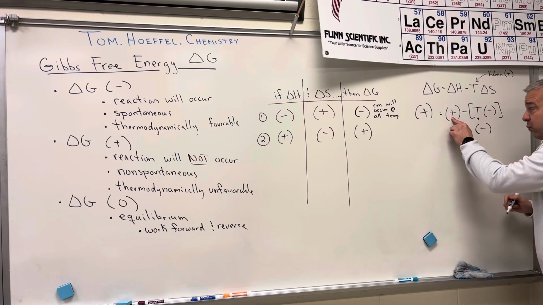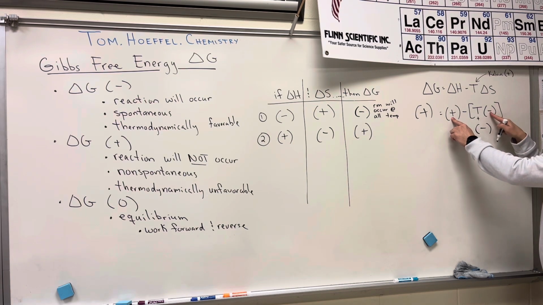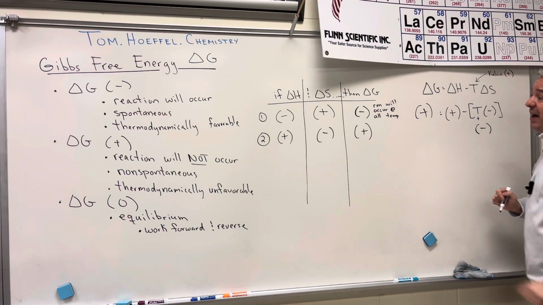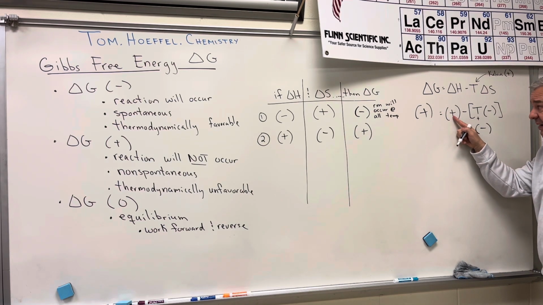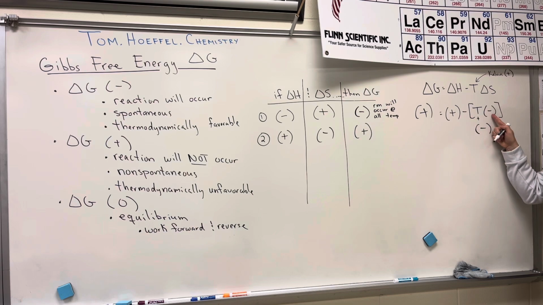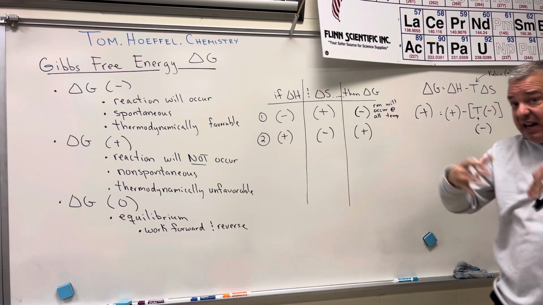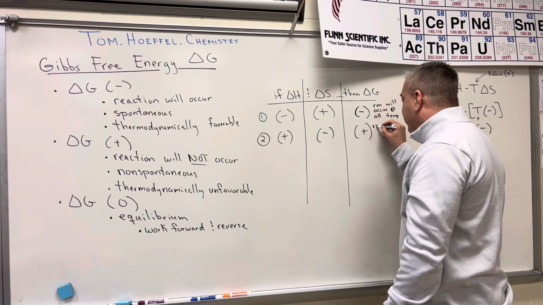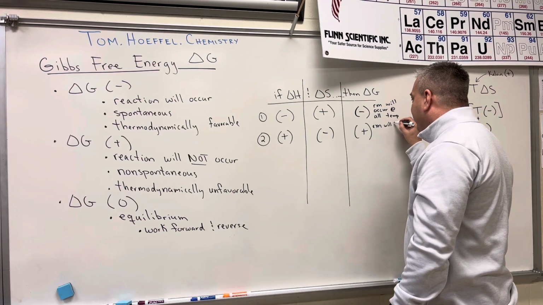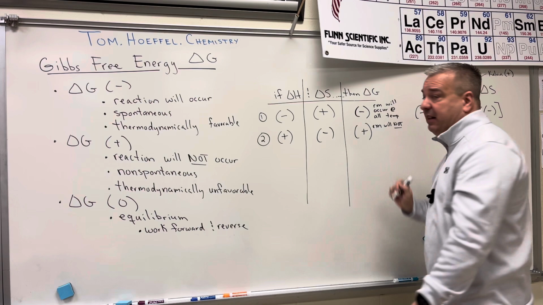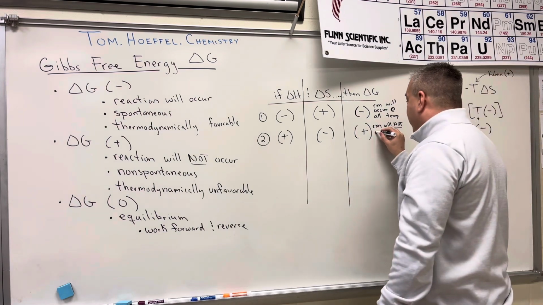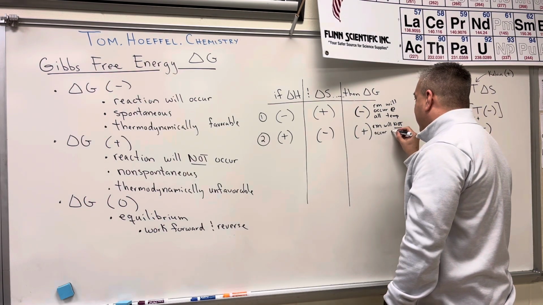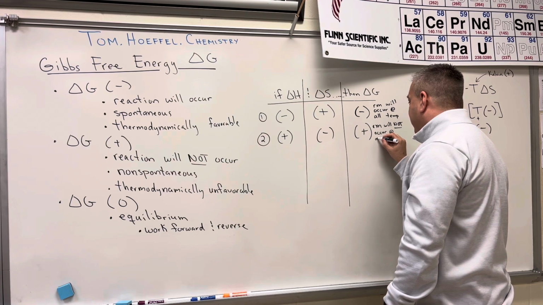It doesn't matter if this is 1 or 1 million. You will always get a positive sign. When you take a positive and subtract a negative, you will always get just a larger positive sign, which means the reaction will not occur, and the temperature doesn't matter. So that's at all temperatures.